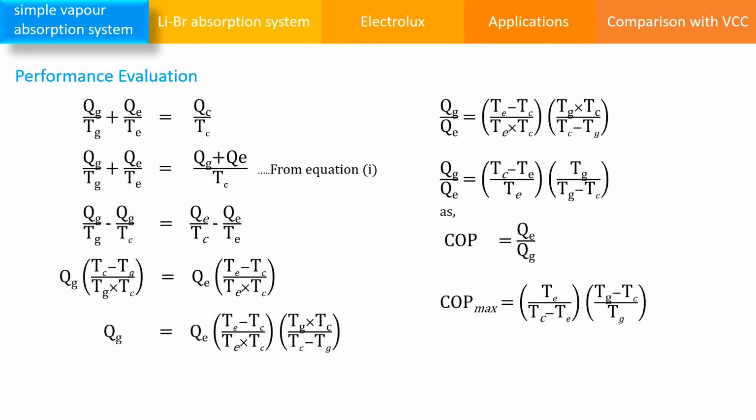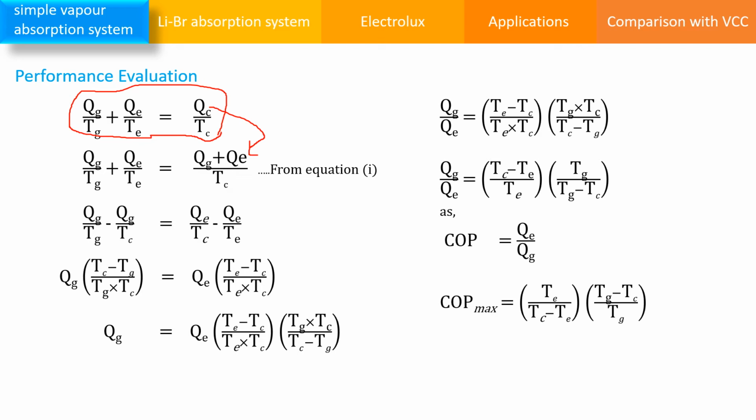Using the equation we have stated before, we will now expand this formula. QC can be written as QE plus QG, which we have already seen by energy balance. Now just rearranging this, TC is given separately.